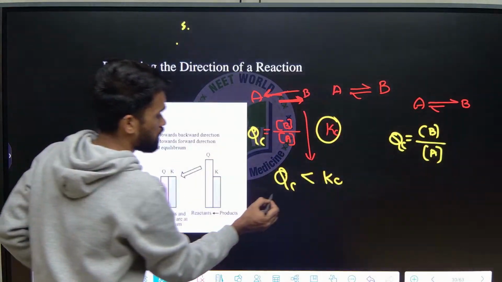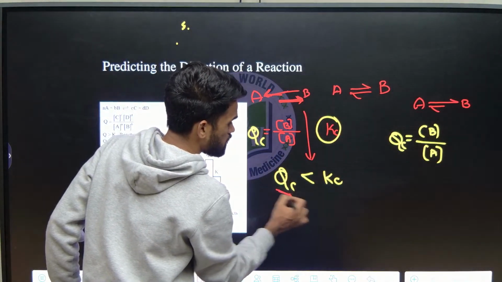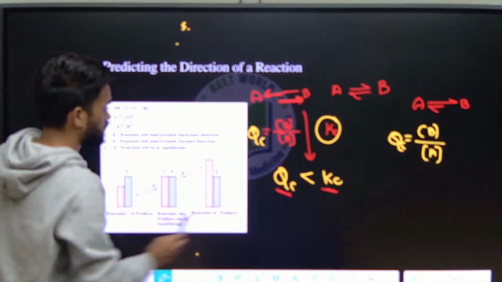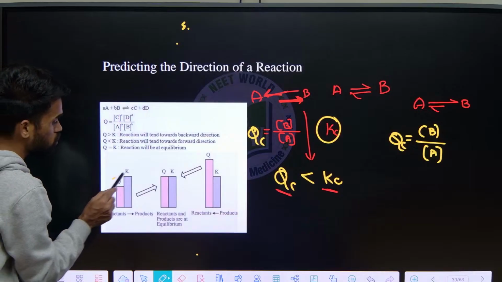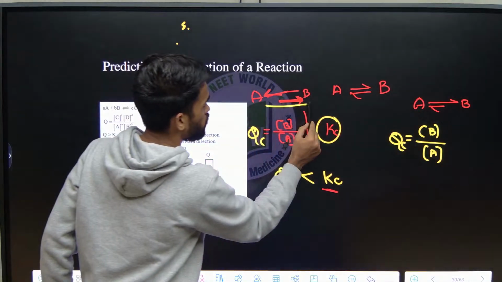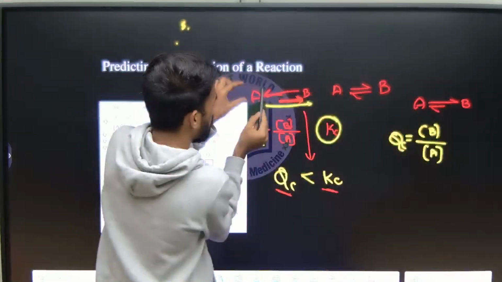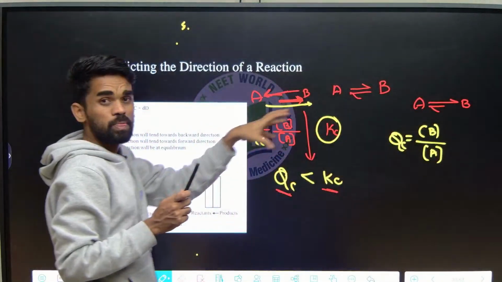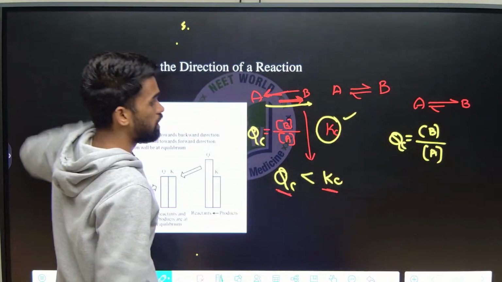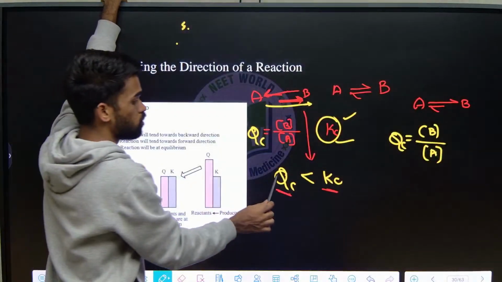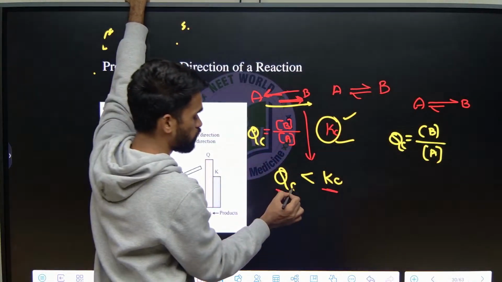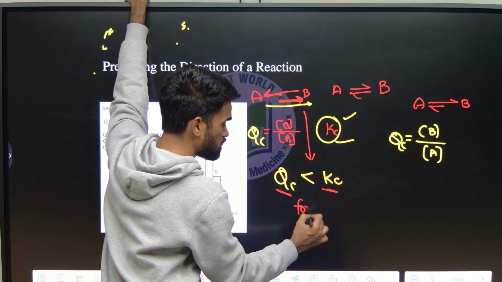Now, in order to attain Kc, both should be equal, so the reaction should move forward. If the reaction is moving forward, the values of A and B become such that the ratio becomes almost the same, and Qc becomes almost equal to Kc. In order to become Kc, the reaction should move forward, then only Qc will become Kc.